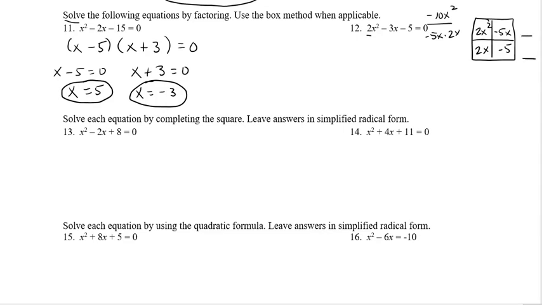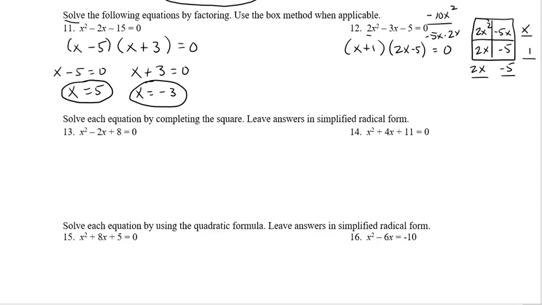And now find the 4 GCFs, both rows and both columns. Going across the top, that would be x. Across the bottom, that would be 1. So one of my factors is x plus 1. Going this way, it would be 2x. And remember, if both of the terms are negative, that means your GCF has to be negative. So the other factor is 2x minus 5.